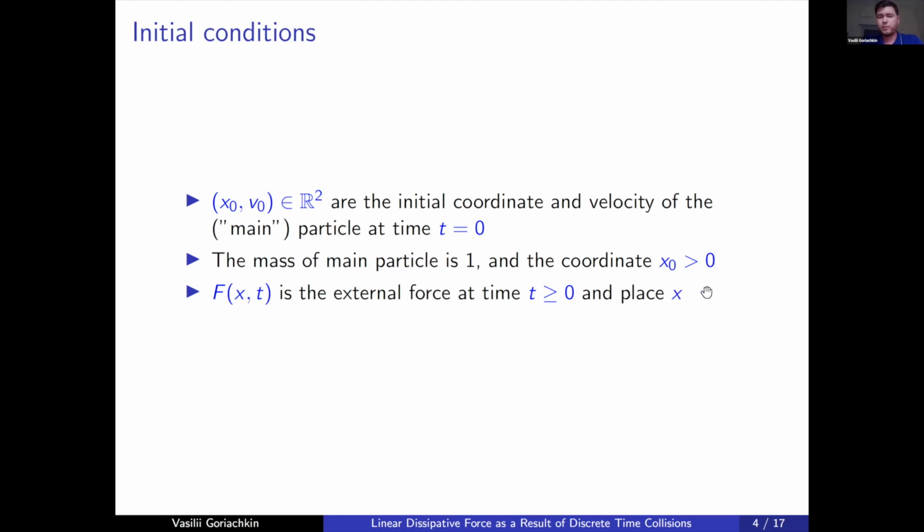Here we have a strict inequality because in the future, when we consider some specific case, we need x0 to be greater than 0. There is an external force which could depend on the place x on the line. Also, it could depend on time.